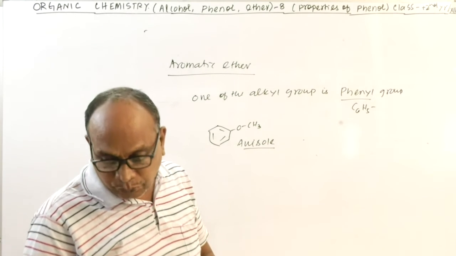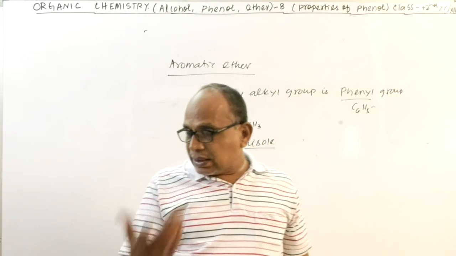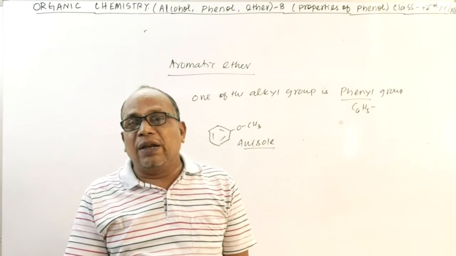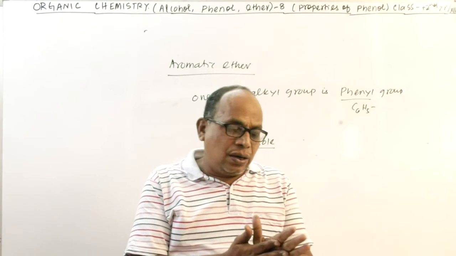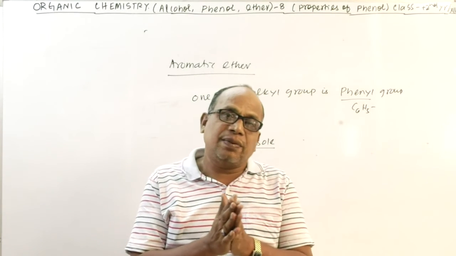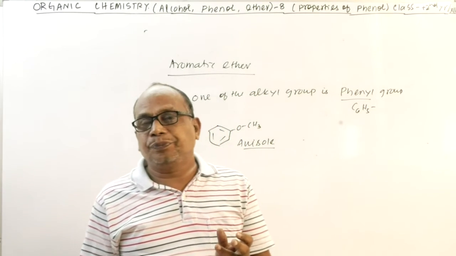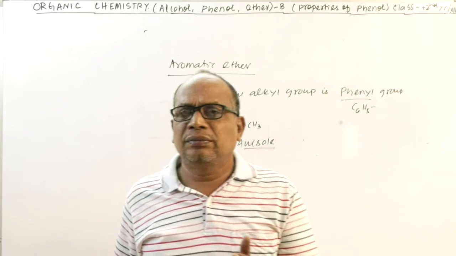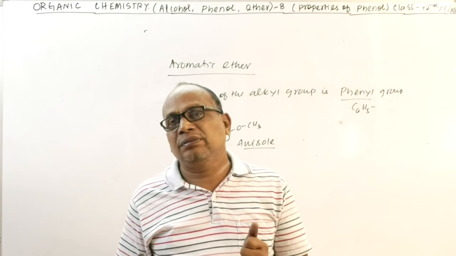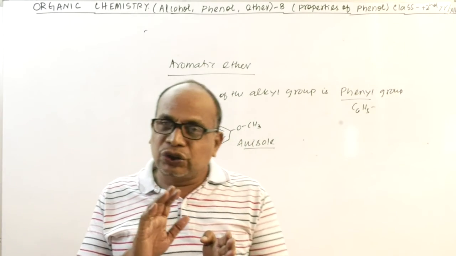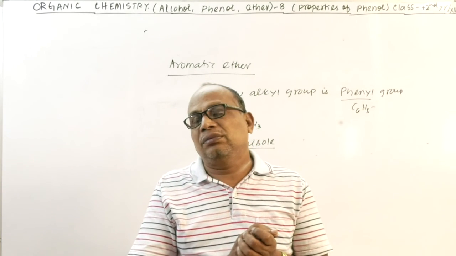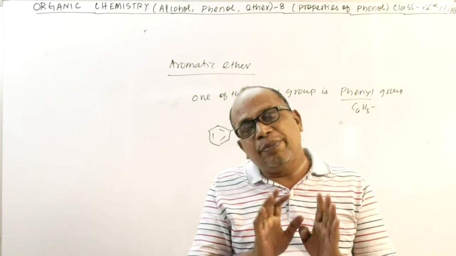Okay students, that is enough for today. In the next class, we will complete this chapter: the methods of preparation of ether, and what the reactions of ether are. And I will discuss some reactions of phenol: Friedel-Crafts alkylation, Reimer-Tiemann reaction, Kolbe-Schmitt reaction, Gattermann reaction, the reduction of phenol, converting phenol to benzene, oxidation of phenol, and some uses.